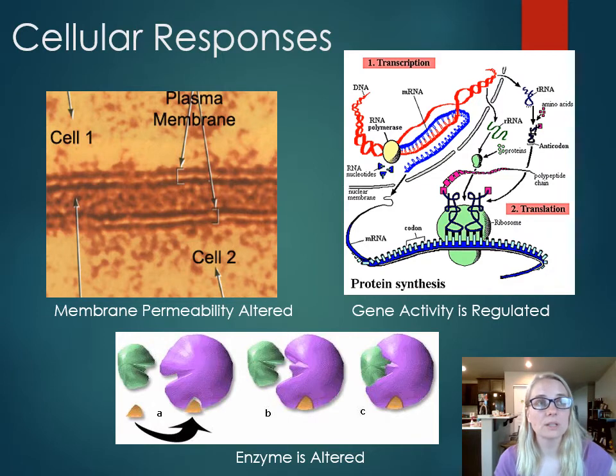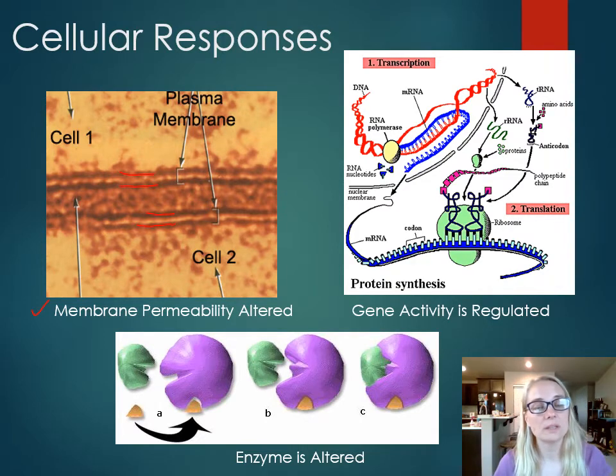The first type of cellular response I have listed here is altered membrane permeability. I just put up a cool picture of two cells next to each other. You can see those two dark lines, which are the phospholipid bilayer. This is the phospholipid bilayer of cell 2, and here's the phospholipid bilayer of cell 1.